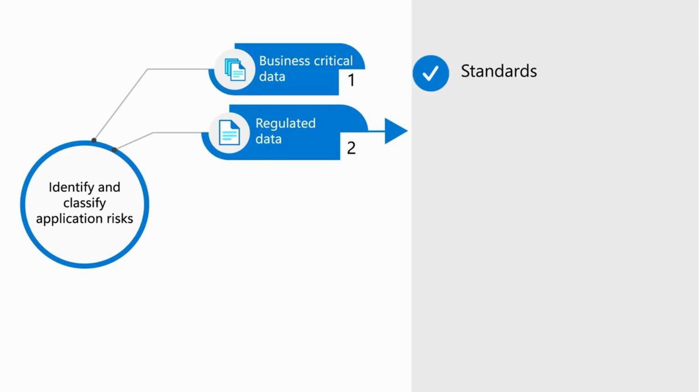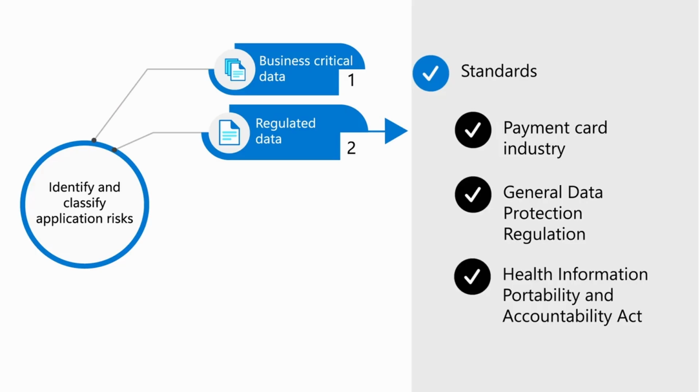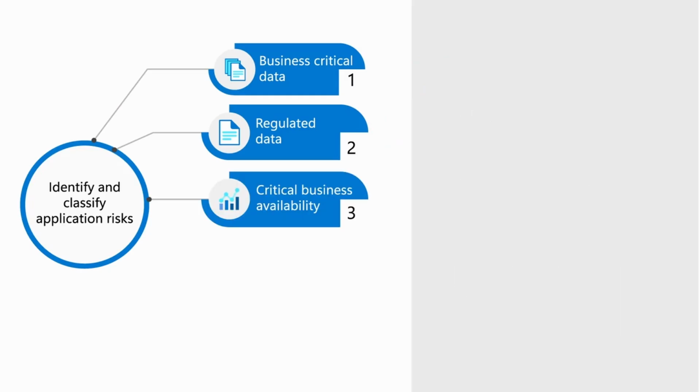You can use standards such as the payment card industry, also called PCI, General Data Protection Regulation, also called GDPR, and Health Insurance Portability and Accountability Act, also called HIPAA, for the applications that handle monetary instruments and sensitive personal information. Then there is critical business availability, which talks about the applications.